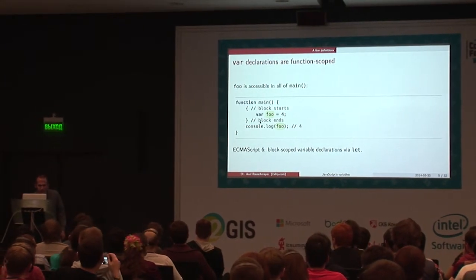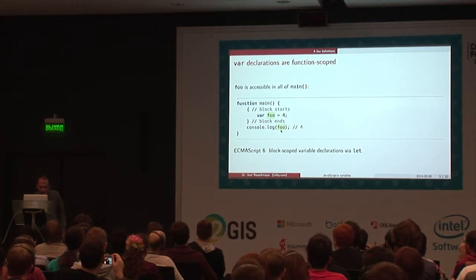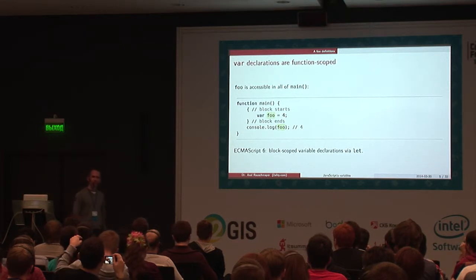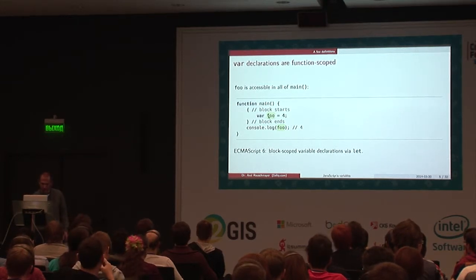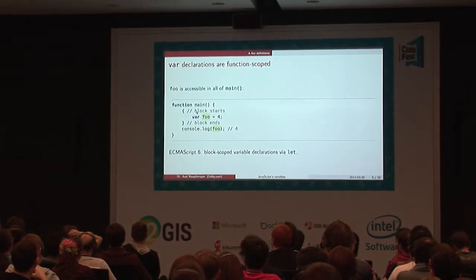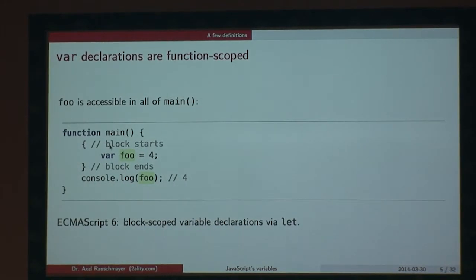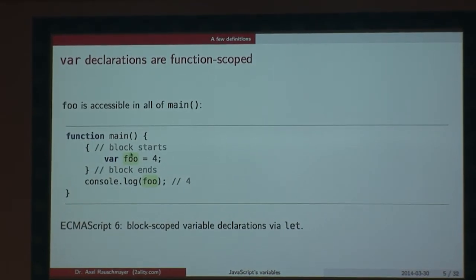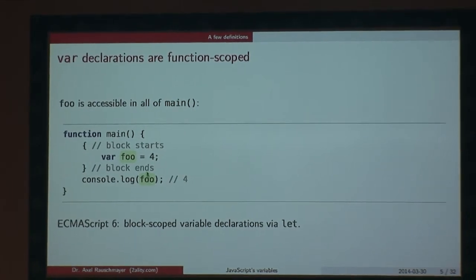So in say Java, you wouldn't be able to access foo down here. And that's kind of the normal thing to do, that you are block scoped. JavaScript, in contrast, is function scoped, which means that if you have, say, a for loop or any kind of block inside, then foo is always accessible within the complete function, which is why you can access it down here.